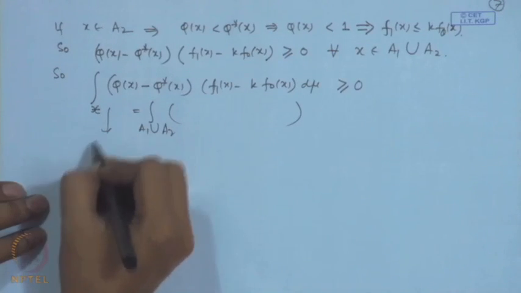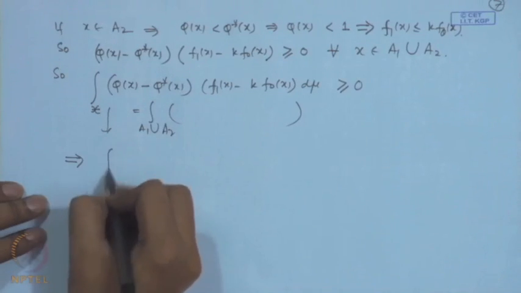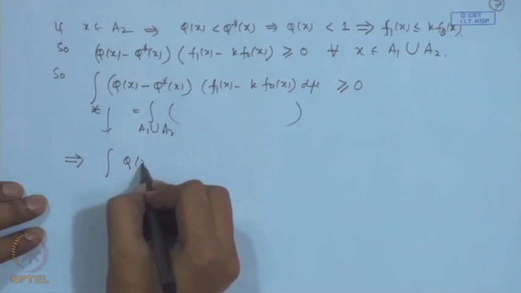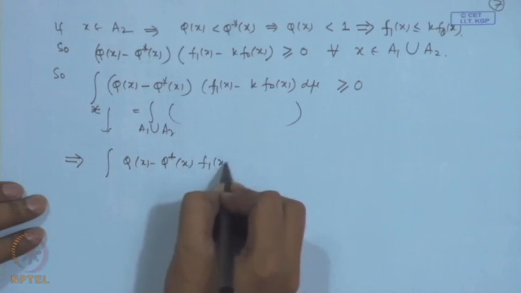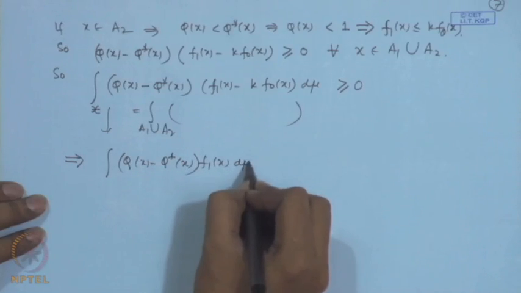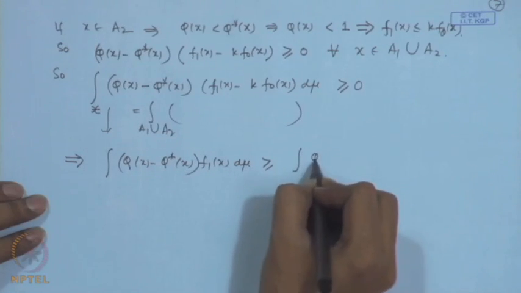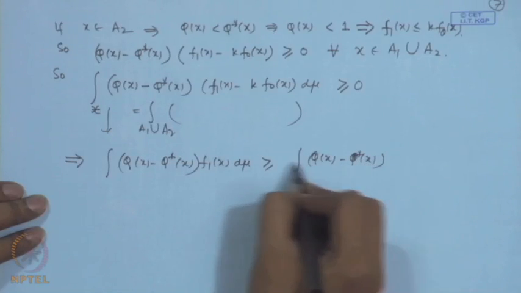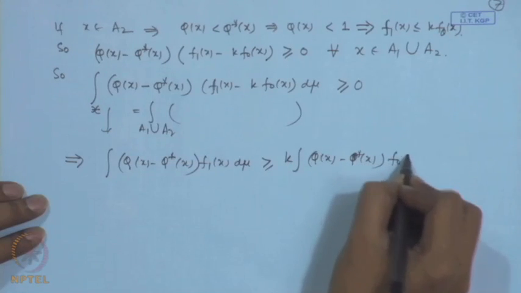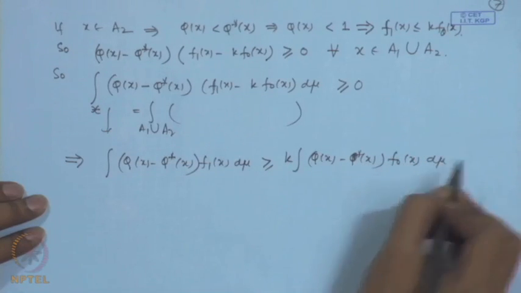So, what we are concluding then, this implies that the integral of phi x minus phi star x times f1 x is greater than or equal to the integral of phi x minus phi star x times k times f naught x d mu.